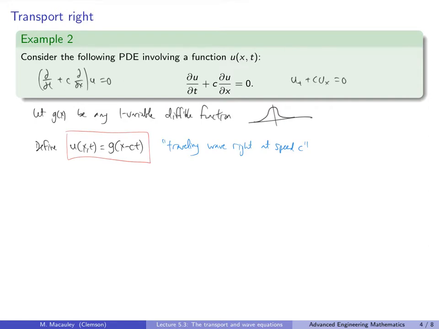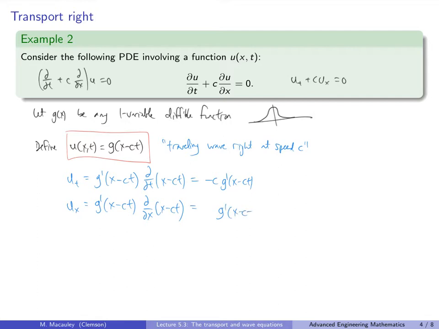So it's easy to check using the chain rule that ut is just g prime of x minus ct times d dt of x minus ct, which is negative c times g prime of x minus ct, and that ux equals g prime of x minus ct times d dx of x minus ct, which is 1 times g prime of x minus ct.